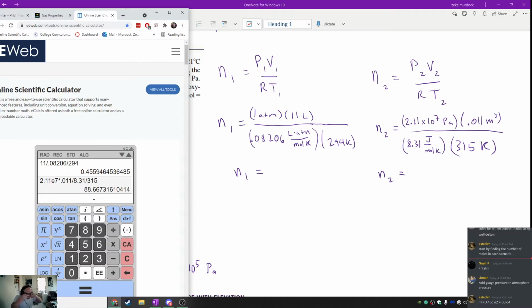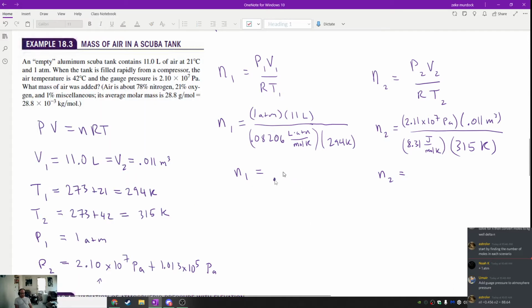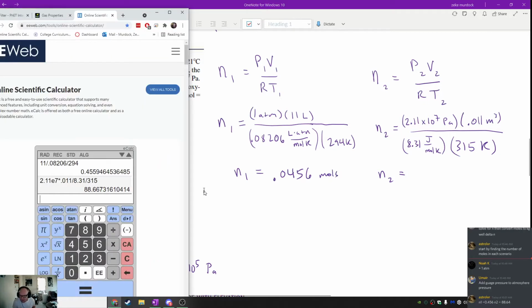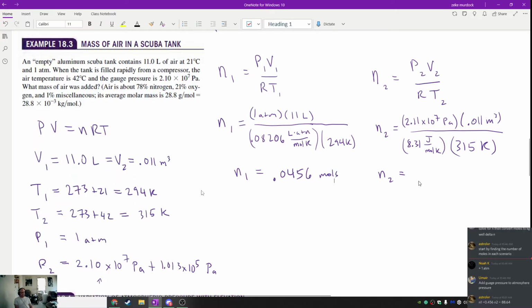That's 88.6. Looks like that's the same thing that Astrolover just put in the chat, so that's good. And n1 is 0.0456. That's moles. And the other one, I got 88.7. We're going to write 88.7.